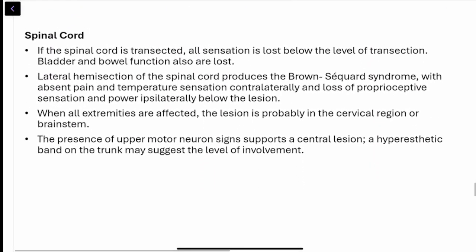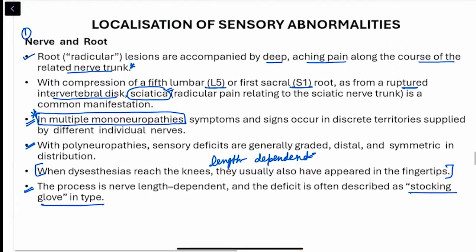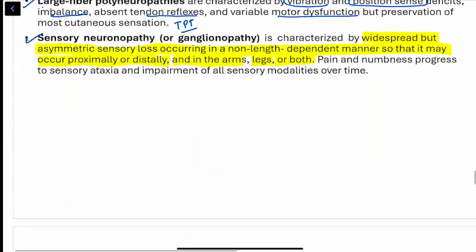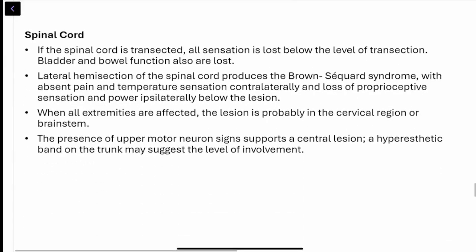Now we have localized to nerve and root. We have just discussed nerve and root. If nerve or root are involved, you will find these symptoms. If the spinal cord is involved, then what will you find?